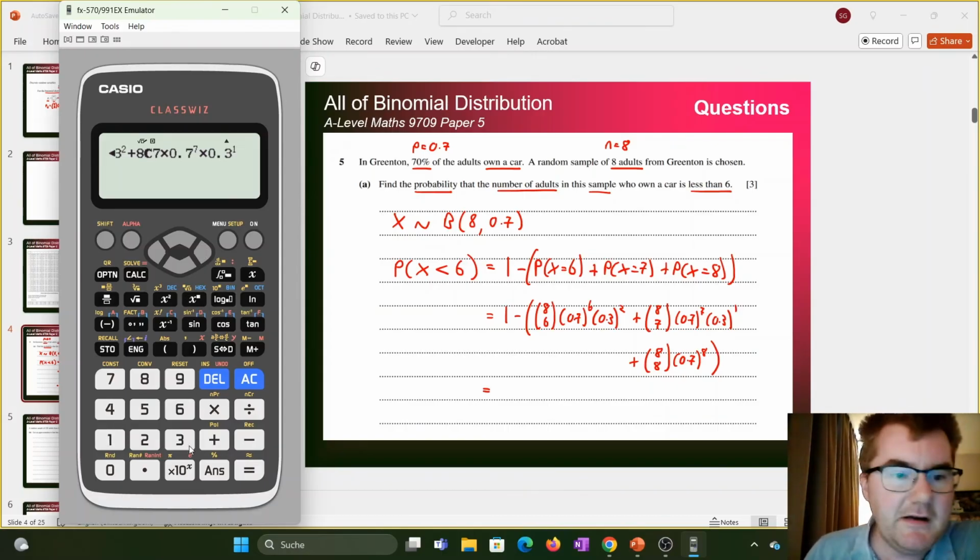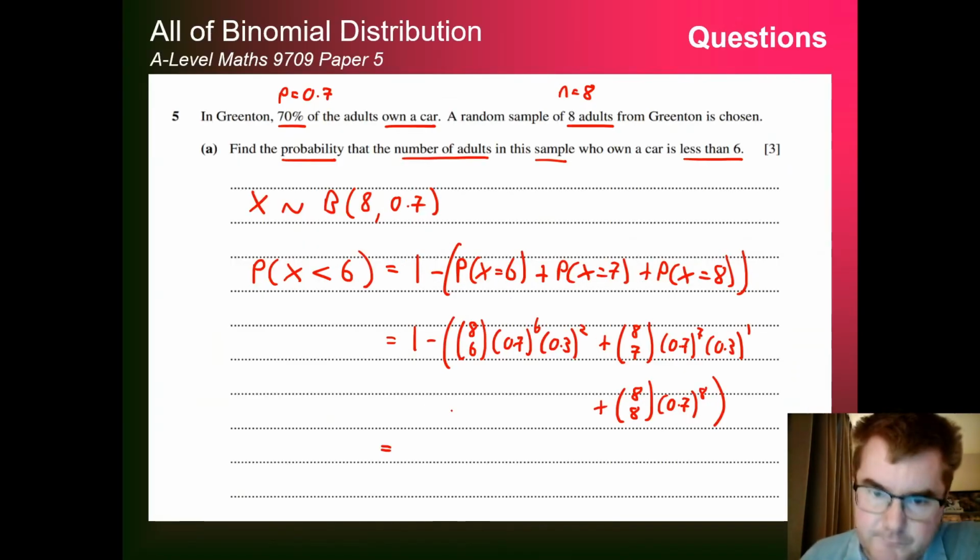Make sure you put the pluses in the right place. That's the hardest thing to remember. And then with 8 choose 8, again, I'll just do that. You don't have to put that in there. And then 0.7 to the power of 8. Close our bracket. Press the equals button. And then we get our answer as 0.4482.